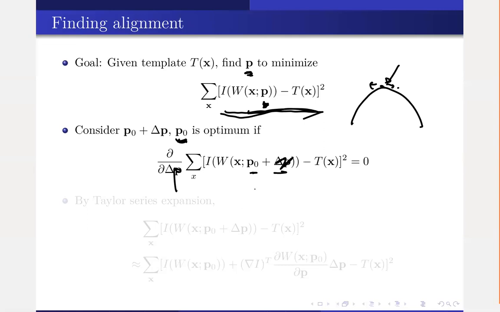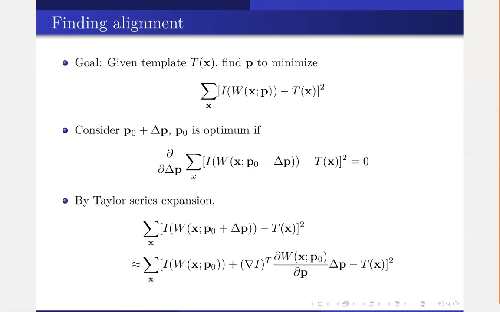What we try to do is this: if delta P is small, then I can do a Taylor series expansion, right? If it is not small, I cannot do the expansion here. We see Taylor series expansion many times in this course, but we need to be careful here.